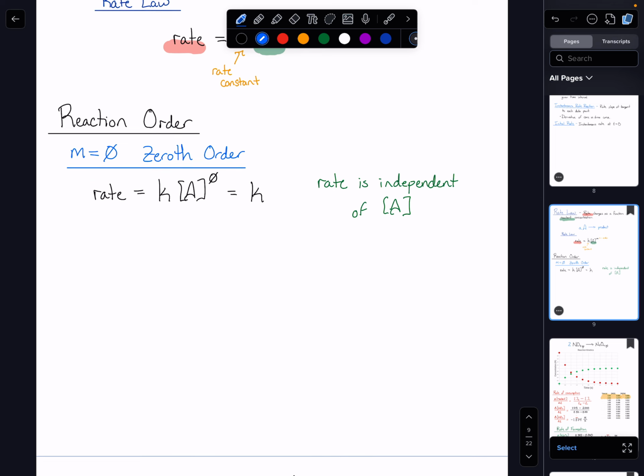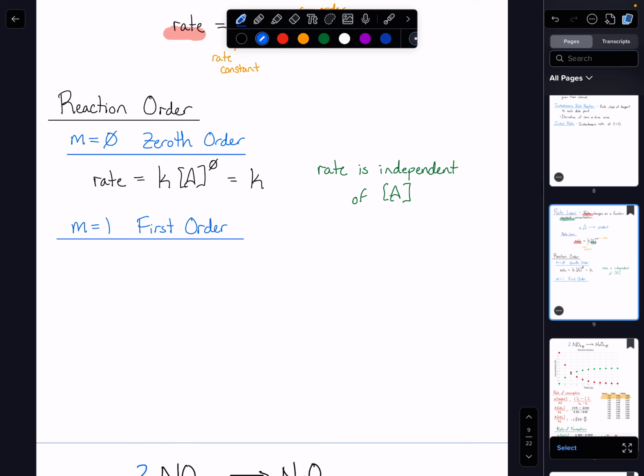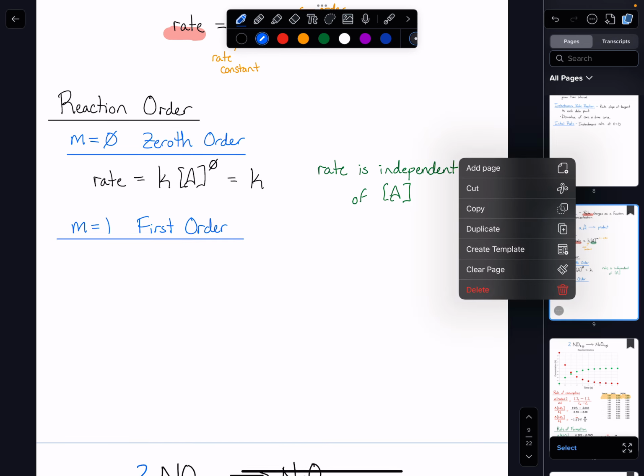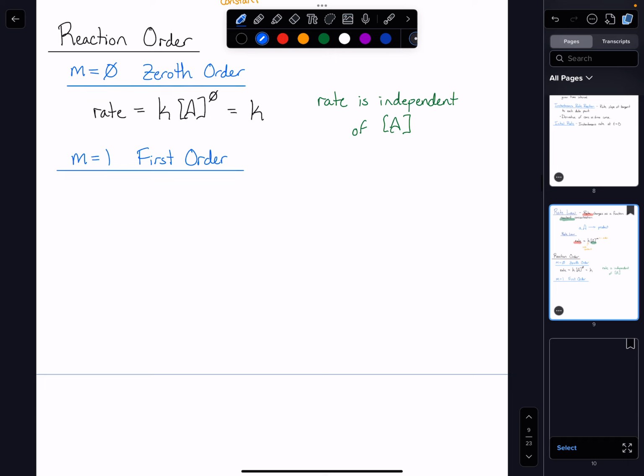The other one is when m takes on a value of 1, what we call a first order reaction. Again, we take that rate law and plug in that value of 1 for m.